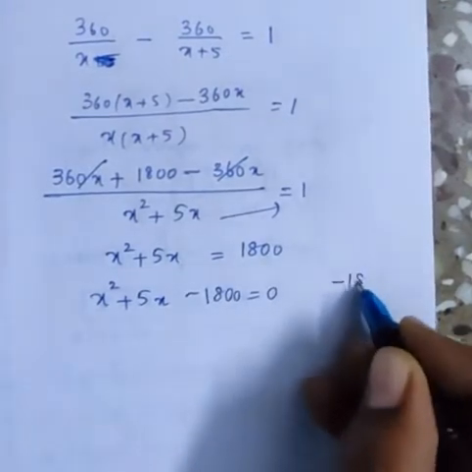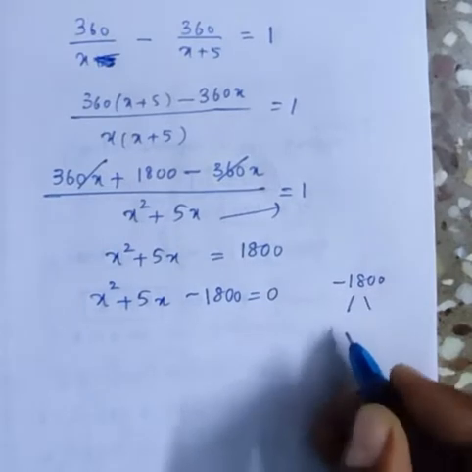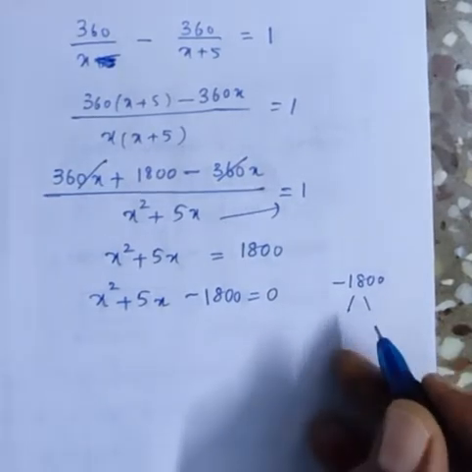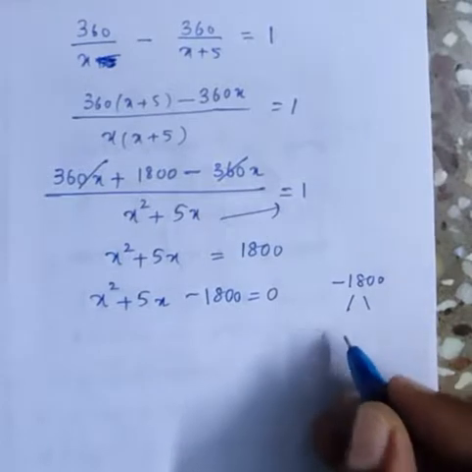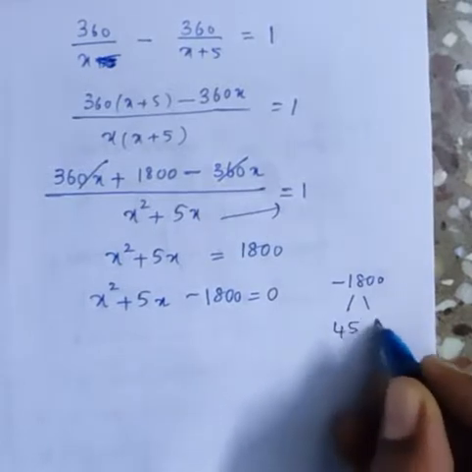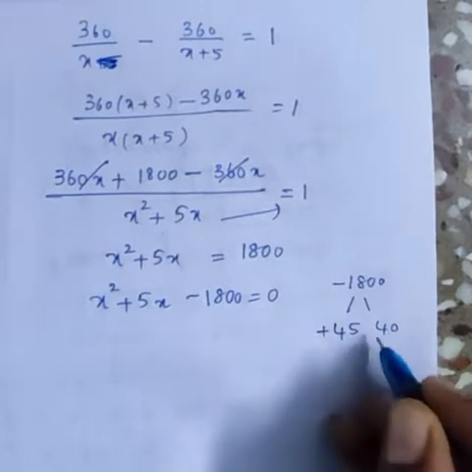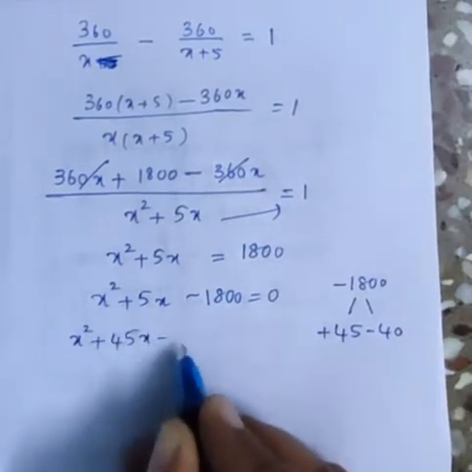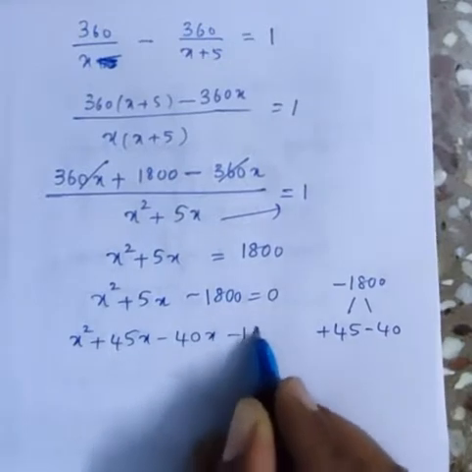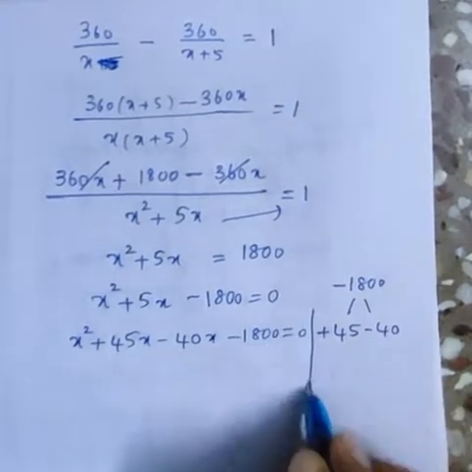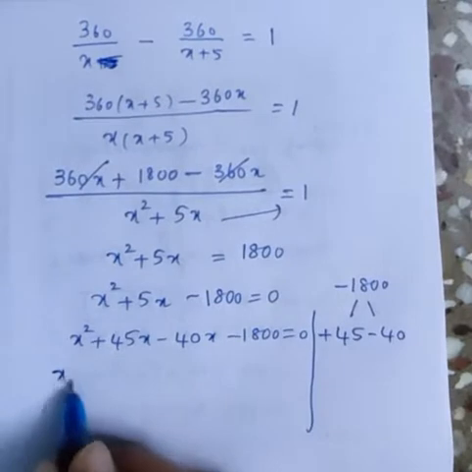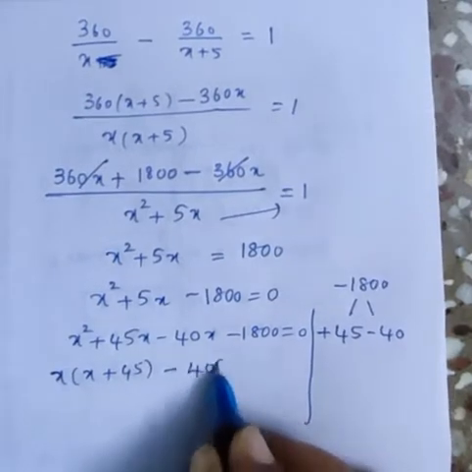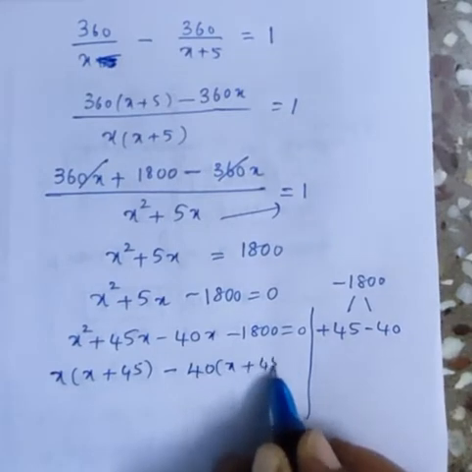The suitable factors for 1800 are going to be 45 and 40, plus and minus. So x square plus 45x minus 40x minus 1800 is equal to 0. From the first two terms take x common, from the next two terms take 40 common, you are going to get x plus 45.